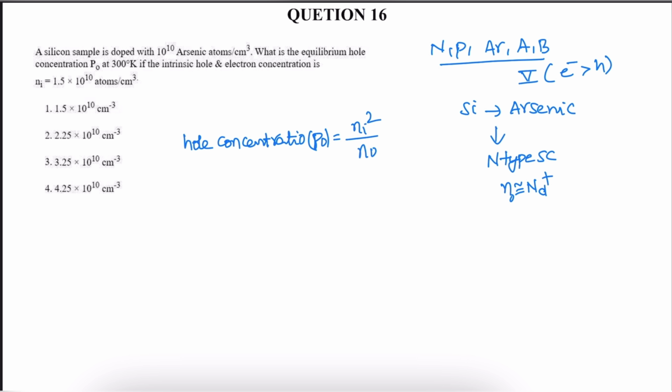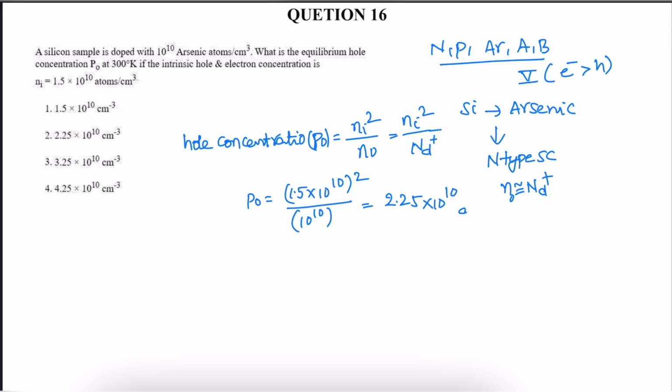This electron concentration N naught is approximately equal to the donor concentration, that is, the square of intrinsic concentration divided by donor concentration. Given intrinsic concentration is 1.5 into 10 power 10 atoms per centimeter cube. Donor concentration is 10 power 10 atoms per centimeter cube. Its value is 2.25 10 power 10 atoms per centimeter cube. So option 2 is the correct statement.